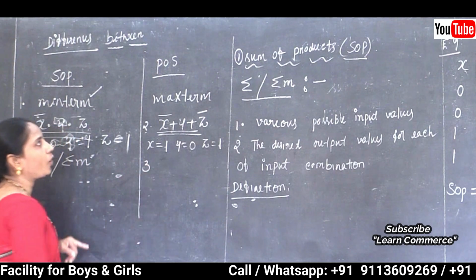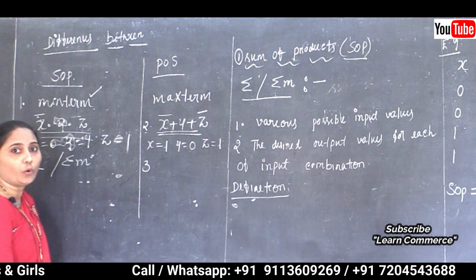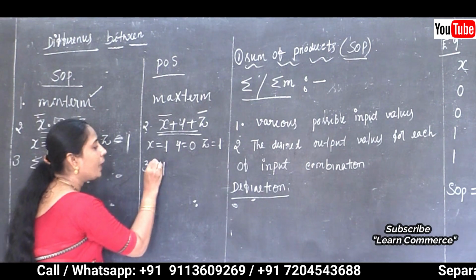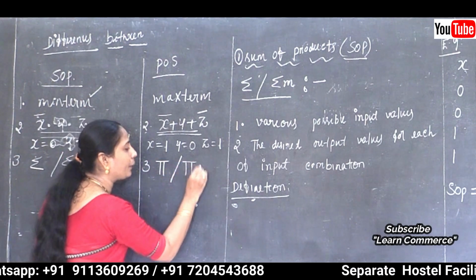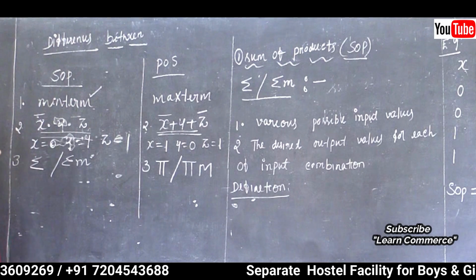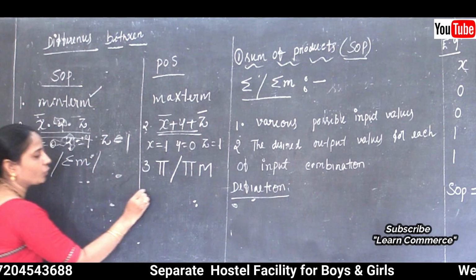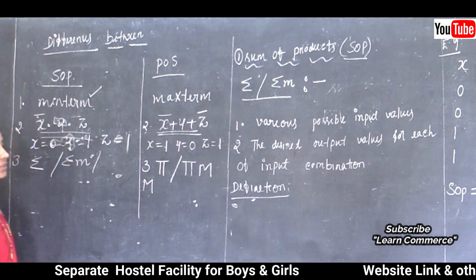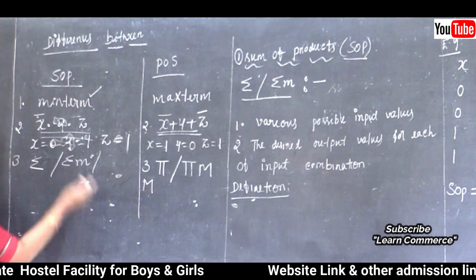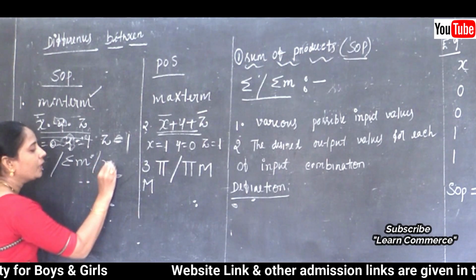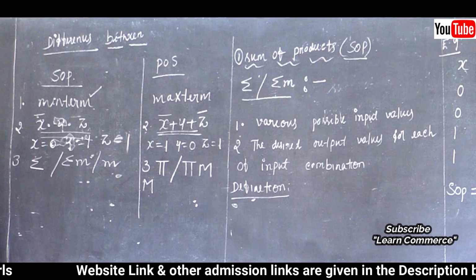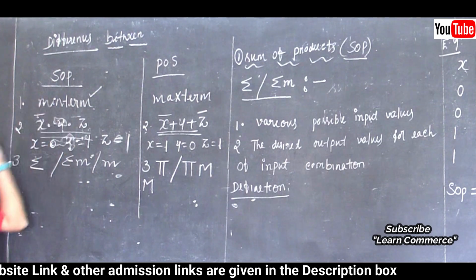Now the symbol of the max term or the POS is pi, or pi with capital M, or just capital M. It is also the symbol of the POS, and for the min term we can use the small letter m also.